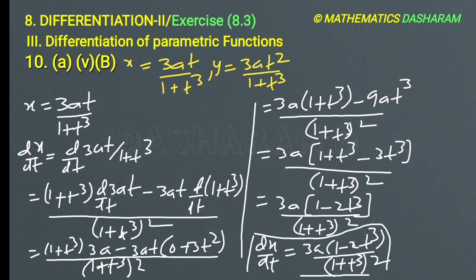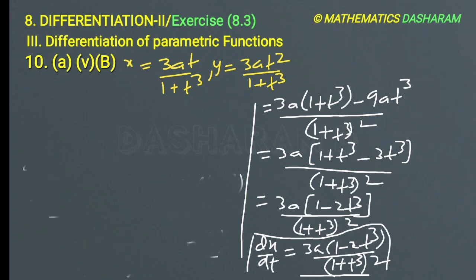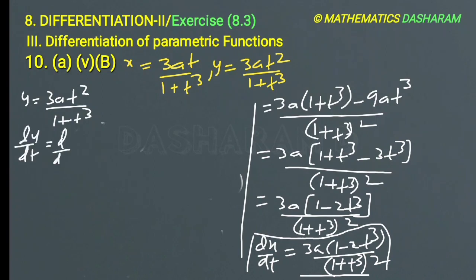So next the second given function is y equals 3at² divided by (1 + t³). dy/dt equals d/dt of 3at² divided by (1 + t³).